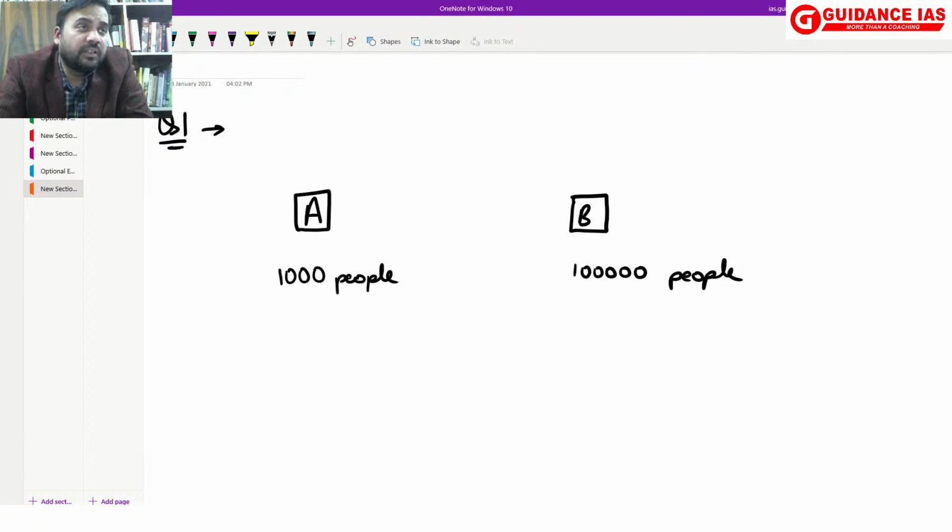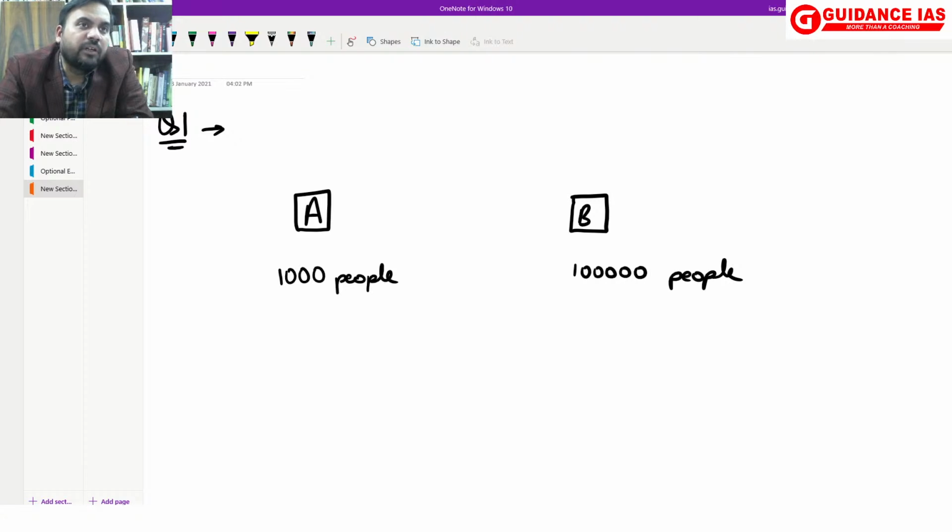Okay, very good. Some of you know what this concept is. Some of you actually don't know. With this information, we cannot say which one is overpopulated. With this information, it is very difficult to tell whether it is overpopulated, underpopulated, or optimum populated.